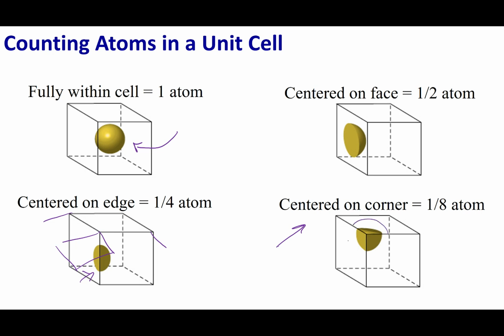And so if you look at my picture right here, try to envision that whole atom. What you will notice is only 1/8 of it is generated in this unit cell. For me to fully generate that atom, I will have to draw 8 unit cells. Now, all those unit cells are going to have to be surrounding this one right here, and then I will finally generate that whole atom.